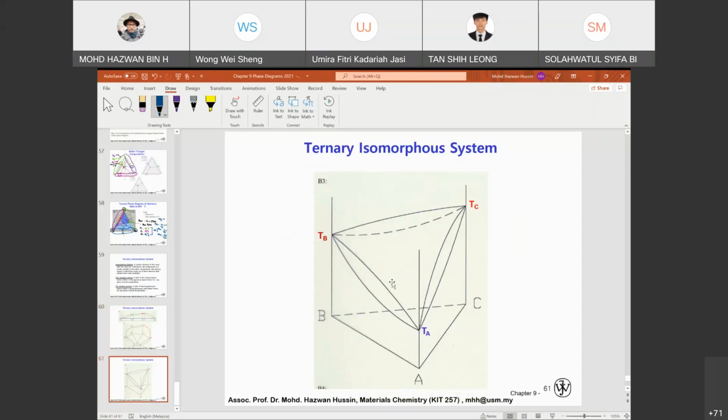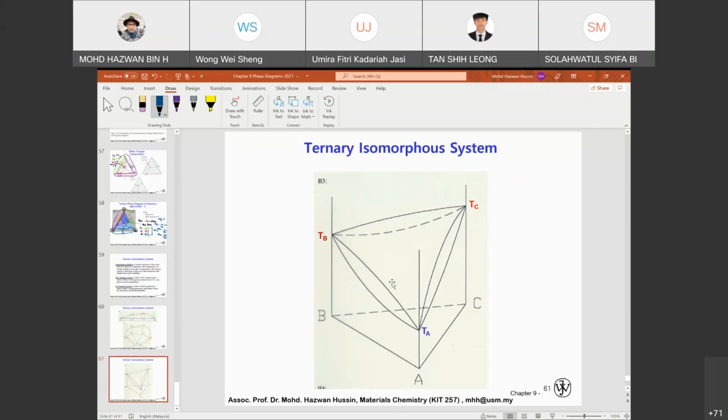But as I said to the previous class, for the ternary isomorphous system, maybe we just understand the concept or even see the examples. Those who are studying materials engineering or metallurgy will use this a lot. In chemistry, maybe we are not using it a lot.